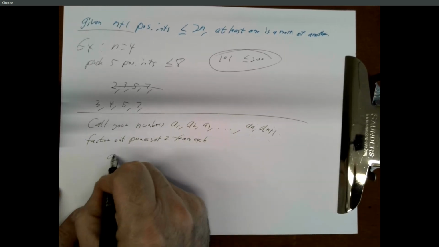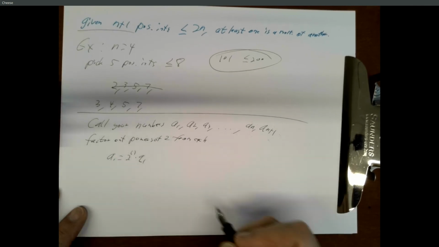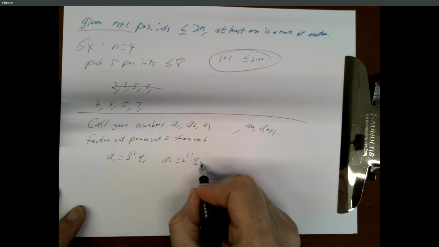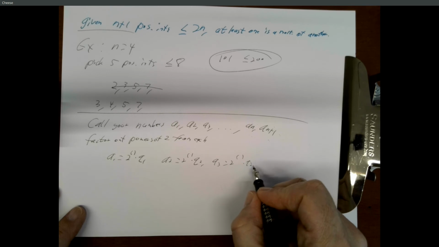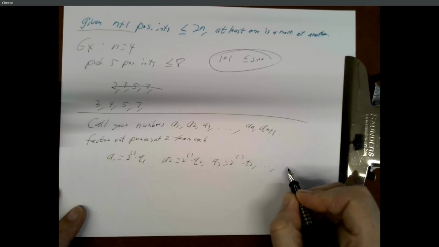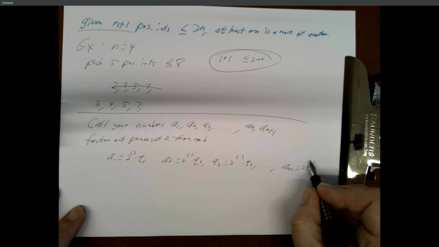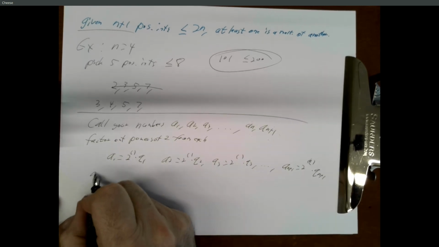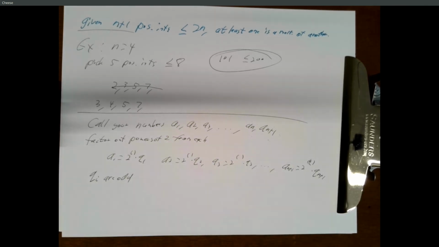So let's write a1 equals 2 to the something times q1, a2 equals 2 to the something else times q2, a3 equals 2 to the something else times q3, and so on up to a_(n+1) equals 2 to the something times q_(n+1). And these q_i have to be odd, because if they were even, we could factor out another power of 2.